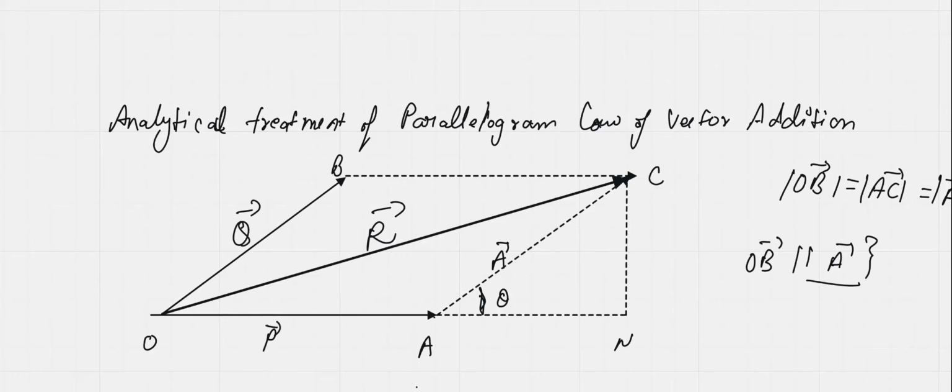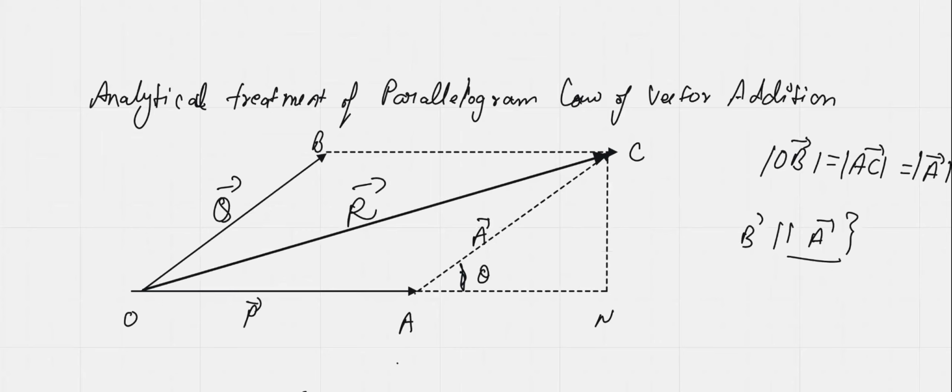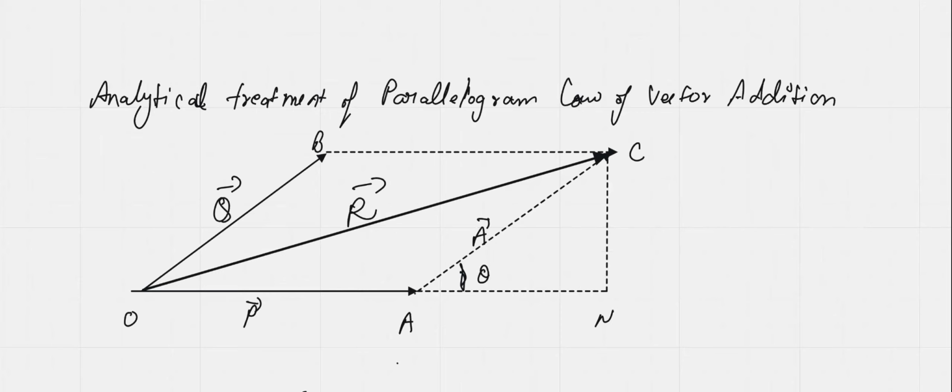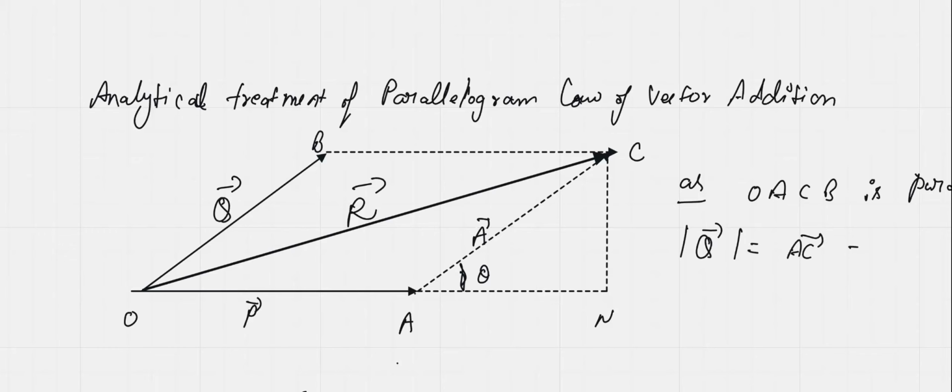Now, because OACB is a parallelogram, the Q vector magnitude is equal to the AC magnitude, which is the OB magnitude, and finally Q vector is equal to AC vector.